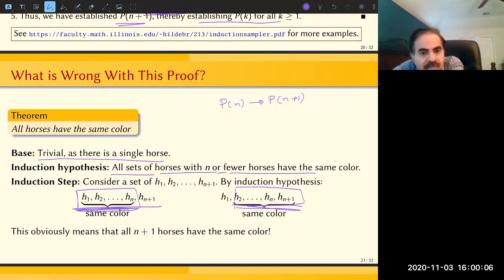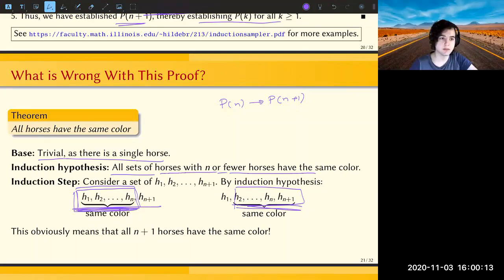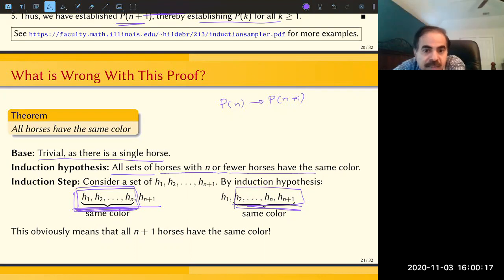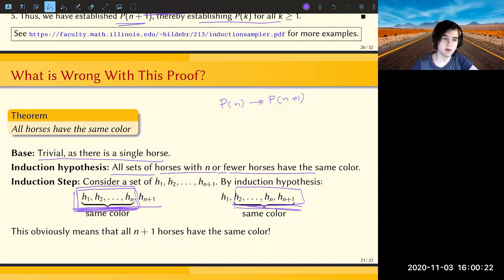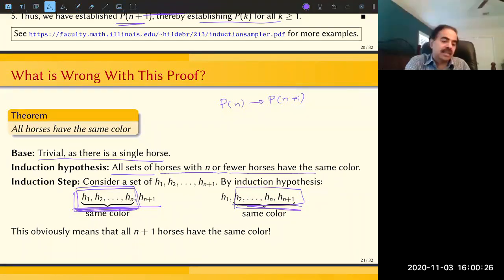No, because I'm just pointing out a subset, right? This is a subset of n horses. And therefore, by induction hypothesis, I can say that all of them must have the same color. Right, but I thought that the induction hypothesis itself might have been incorrect.